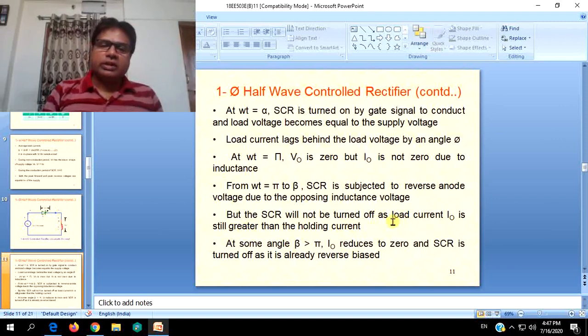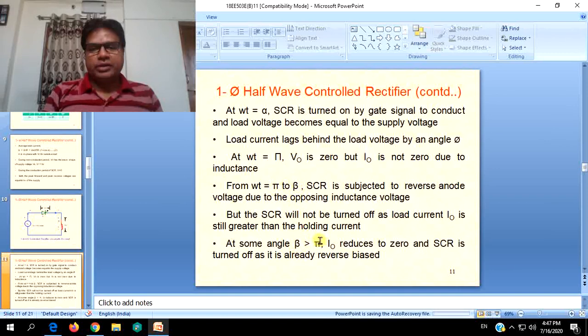The load current will still be decreasing gradually, but it is sufficient to maintain the SCR in conduction mode or on state. Once this load current becomes 0, only then will the SCR be turned off at some angle beta greater than pi.